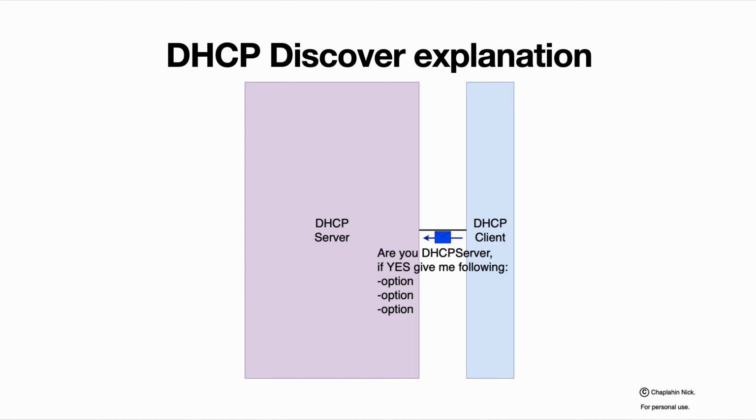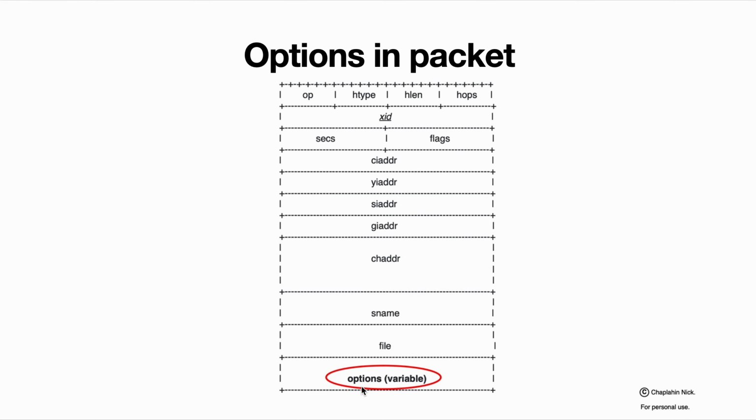Also take into consideration that a DHCP server can provide a huge amount of configuration to the client. And in many cases, the client doesn't need all of it. So the client in the discover can ask for the specific configurations it is looking for from the server. This is done by specifying specific options in the options field of the DHCP packet.